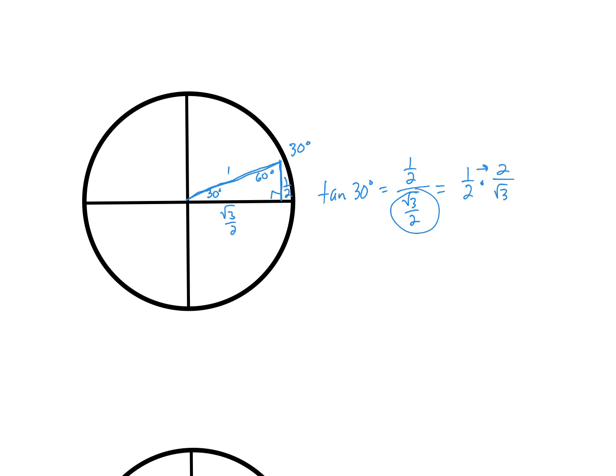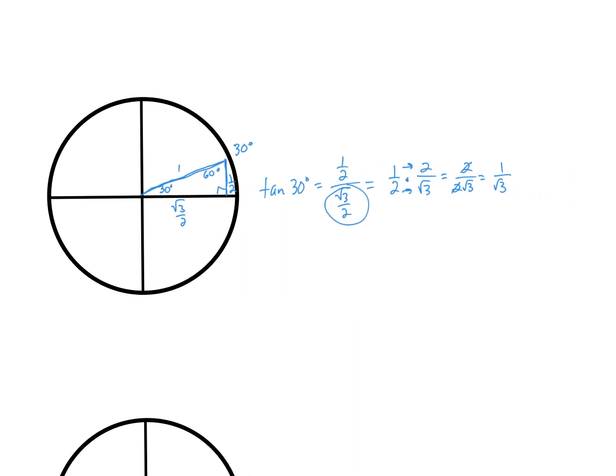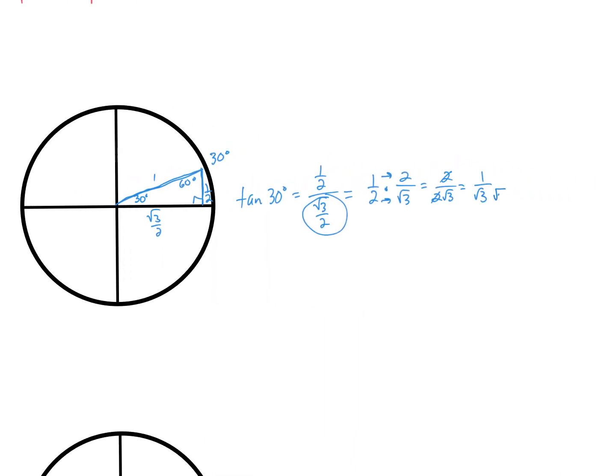And then we just multiply across. So 1 times 2 is 2. 2 times root 3 is 2 root 3. The 2's reduce to 1's, and so that would be 1 over root 3. And then we get rid of the square root on the bottom by multiplying by root 3 on top and bottom, and we get root 3 over 3.